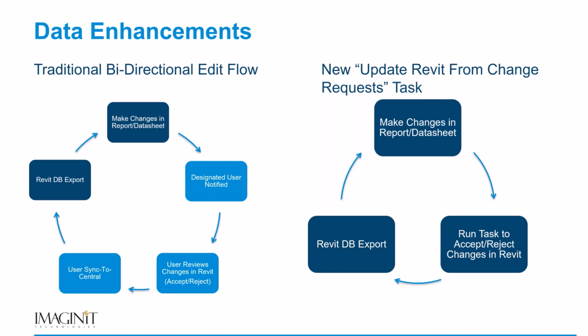And the traditional way that we dealt with that was we felt that if there's a chance that non-Revit users are going to be making these change requests, perhaps we ought to have a Revit user eyeball the requested changes and accept or reject them before they just happen.